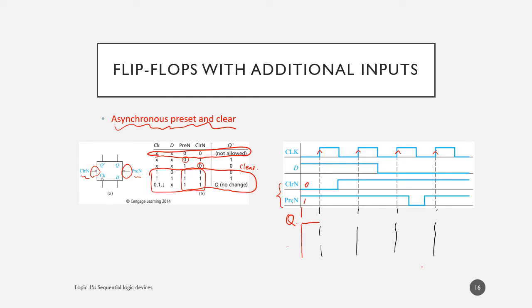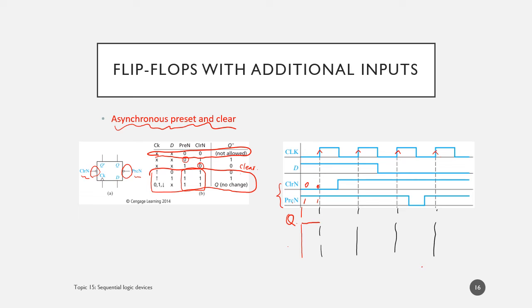And we need to check again at the first edge. So this is still 0, still 1, which means still in clear state. Q has to keep as 0 until the next edge. Oh no, actually we can't. This is not right. Let me redo this.